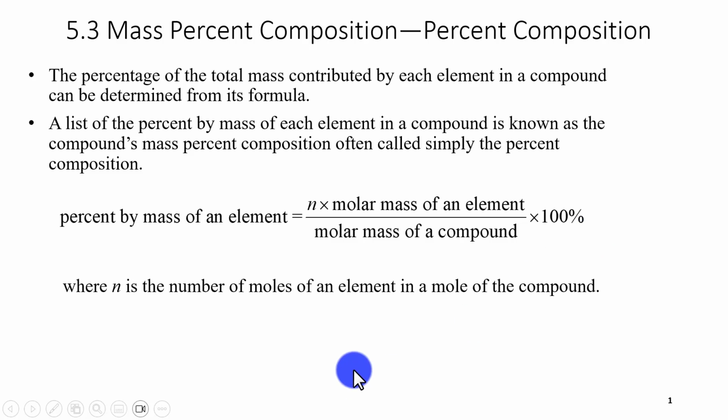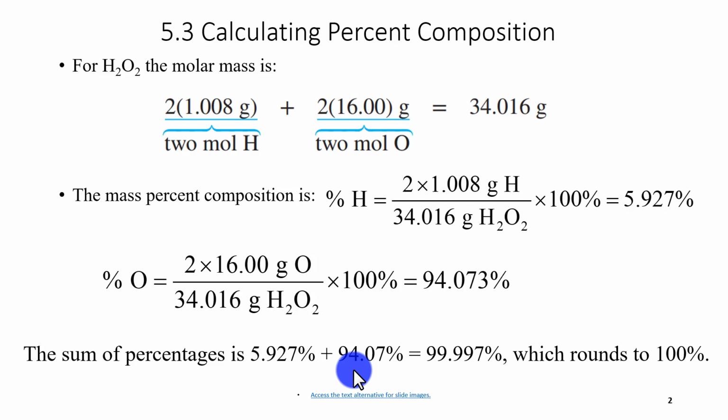Let's take a look at an example. We're looking at hydrogen peroxide with the formula H2O2. The first thing that we need to do when we're doing percent composition problems is figure out the molar mass of my compound.